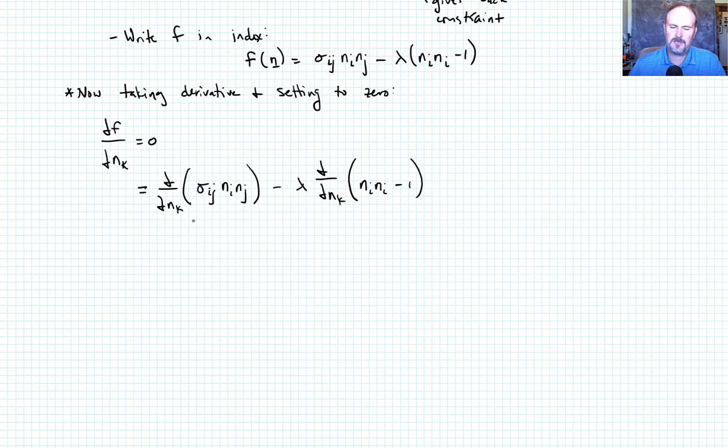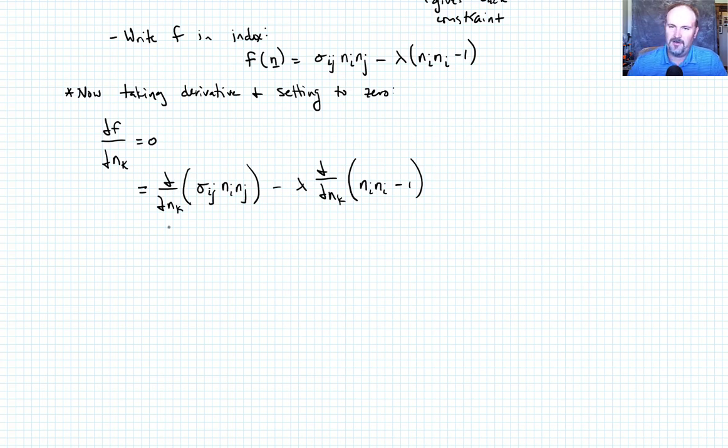Now let's think about this term. Sigma ij is the matrix representation of the tensor that we've got currently, or whatever it turns out to be, it's fixed once we've defined the coordinate system.